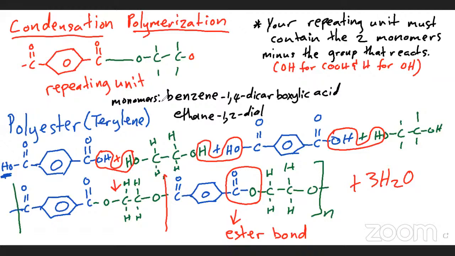All right, I'm going to clear the screen now. Could it also be called benzene 1,4-dioic acid? Yes, it can be called benzene 1,4-dioic acid. And the only polymer with the benzene is terylene.